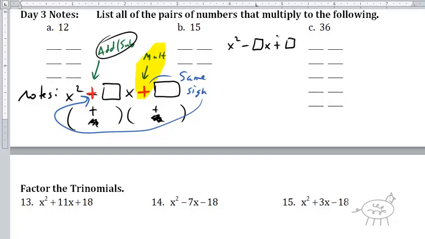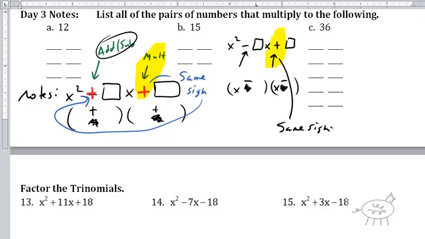Right? So it has to multiply to give you a positive value, that means it's x plus and x plus. And it has to add to give you this negative value. Well, the only way to get a negative value is, again, I have plus plus here, but this is really minus minus. They have to be the same sign. Okay, it's really important. I'm going to highlight this again. If this is plus, it's the same sign. Got to remember that.